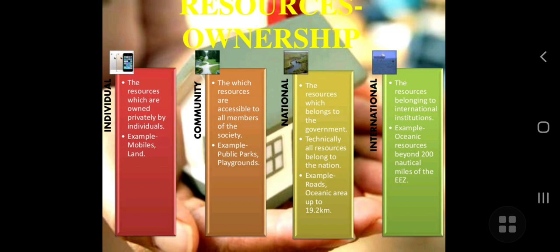The oceanic resources beyond 200 kilometers of the exclusive economic zone belong to the open ocean, and no individual country can utilize these without the concurrence or permission of international institutions. India has got the right to mine manganese nodules from the bed of the Indian Ocean from that area which lies beyond the exclusive economic zone.